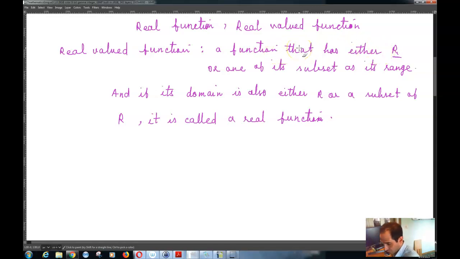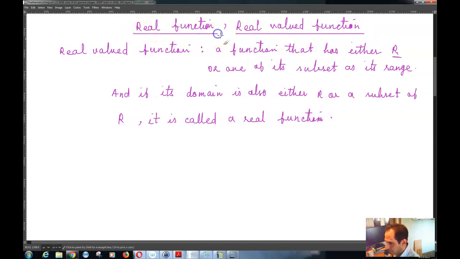So we could probably take a look at this definition. Let me see. Okay, so about these two definitions, there is first of all the definition of a real function, and there is also the definition of a real valued function.